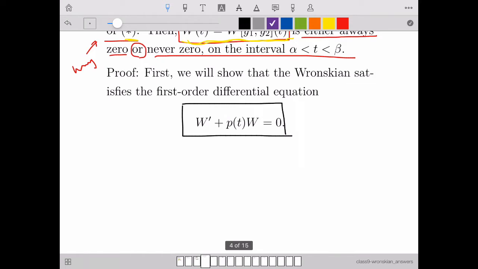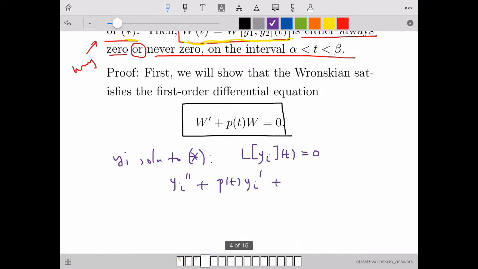So I know that yi is a solution to star. That is Ly of t equals 0. That is yi double prime plus p of t yi prime plus q of t yi equals 0 for each i equal to 1, 2.